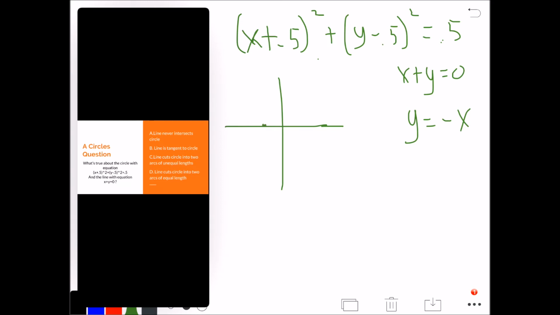For y you do the same thing: if it says negative 0.5, you go to positive 0.5. So your center is at the point (−0.5, 0.5).